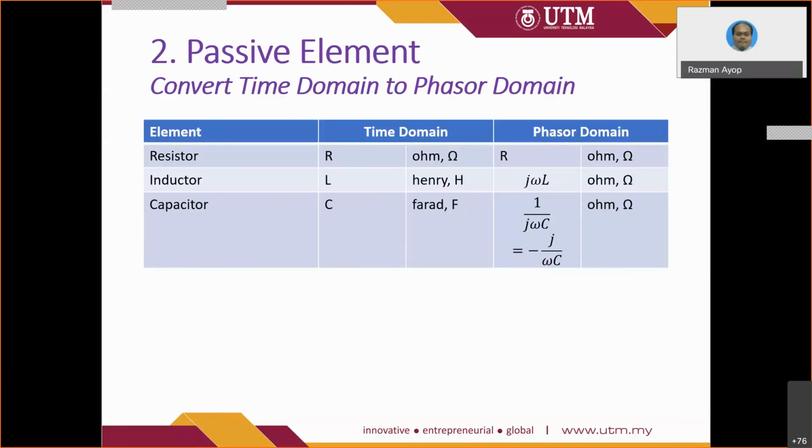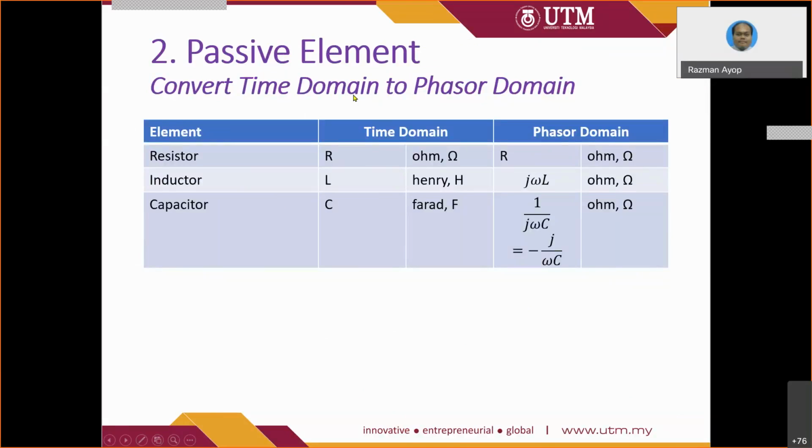We move on to the passive elements. Previously we only learned about voltage and current, changing from time domain to phasor domain. But now we look at the passive elements, which are resistor, inductor, and capacitor.